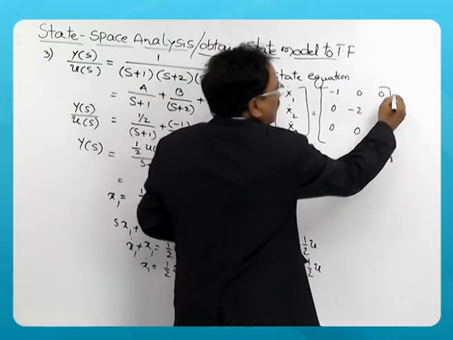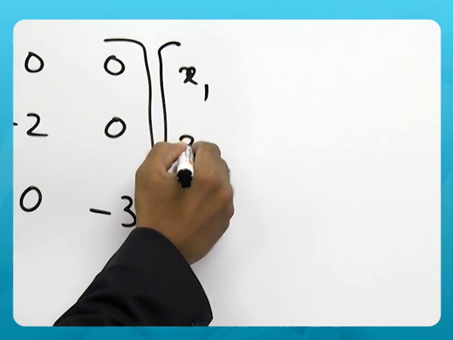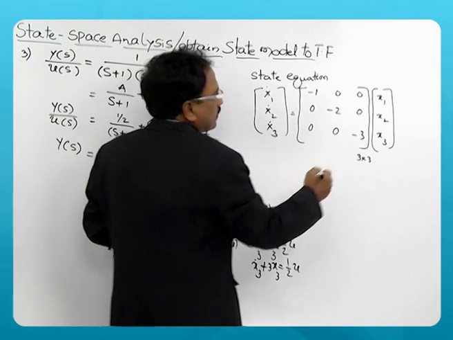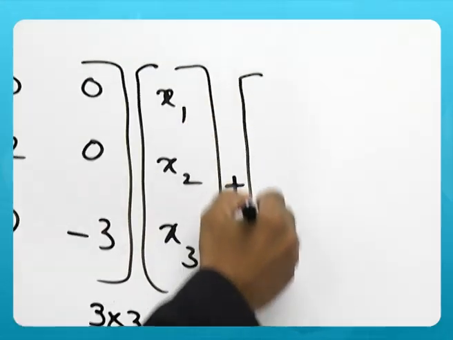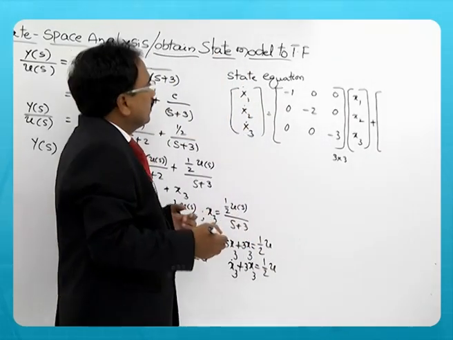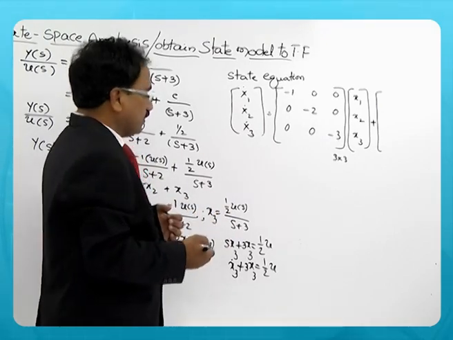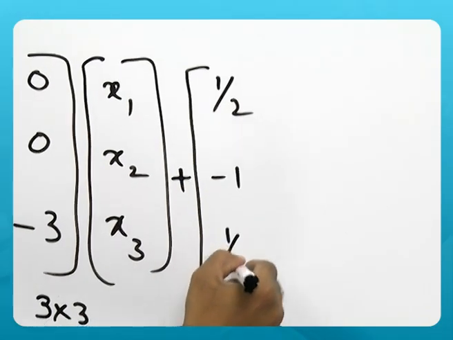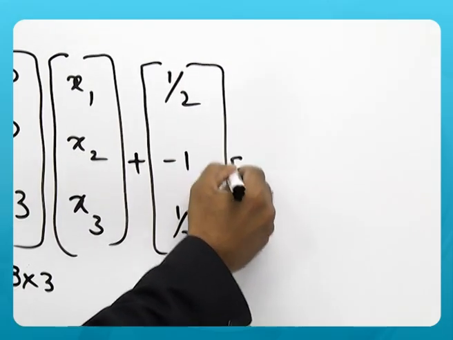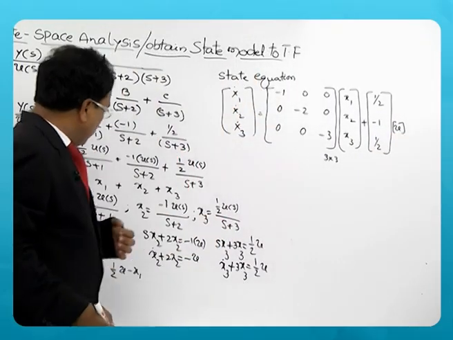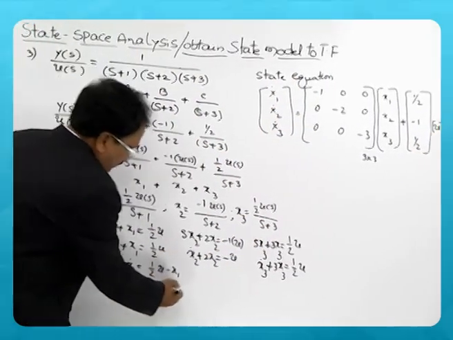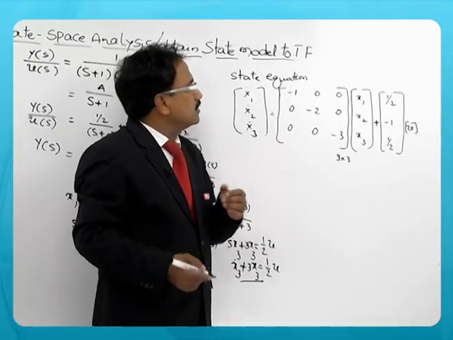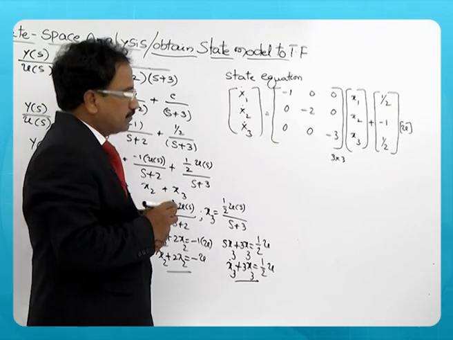Now the state vector x1, x2 and x3 plus, now you have the input matrix and input vector. So this is given by half, minus 1, half into u. So using these three equations 1, 2 and 3, you are able to get the state equation of the state model.